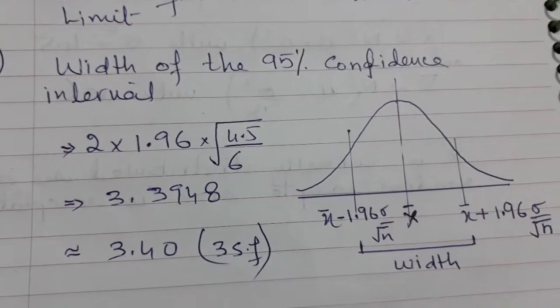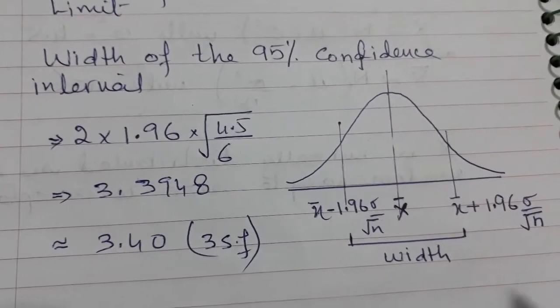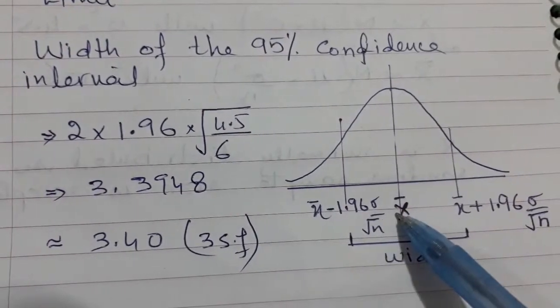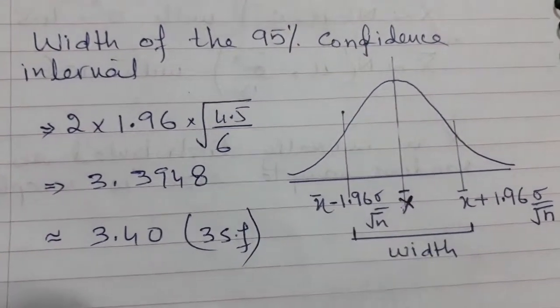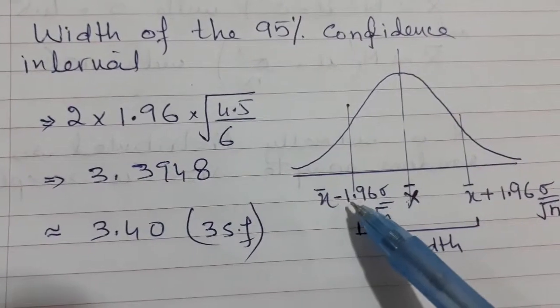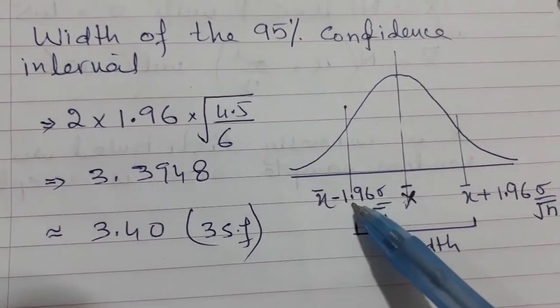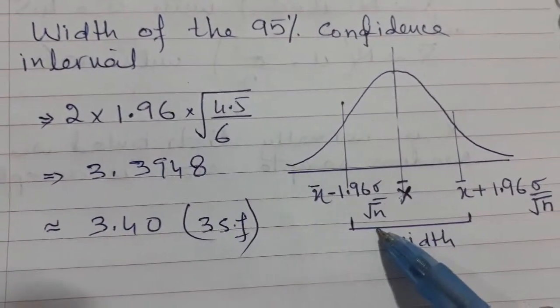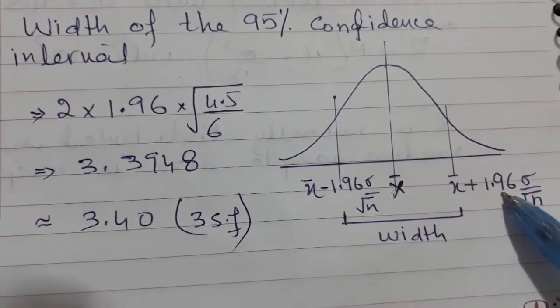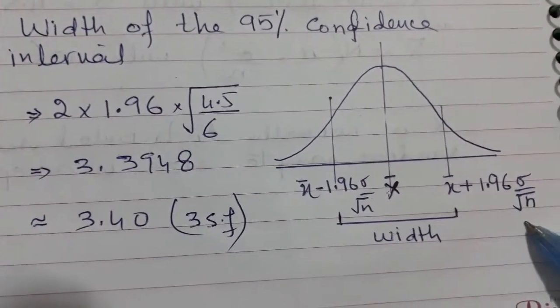So we know from the confidence interval formula that mean is exactly in the center. This side it is x bar minus 1.96 sigma over root n, and this side it is plus z sigma over root n.